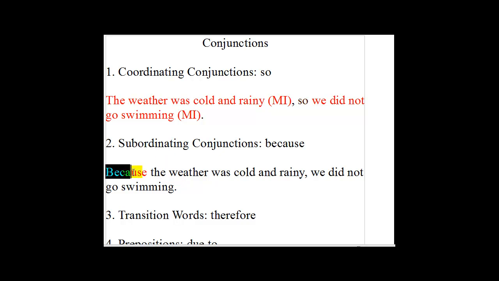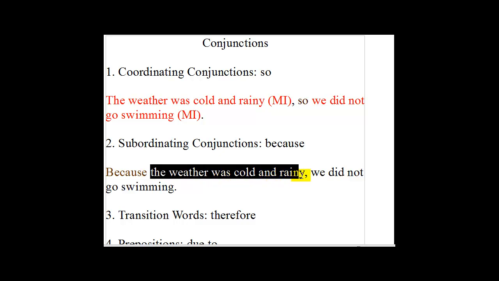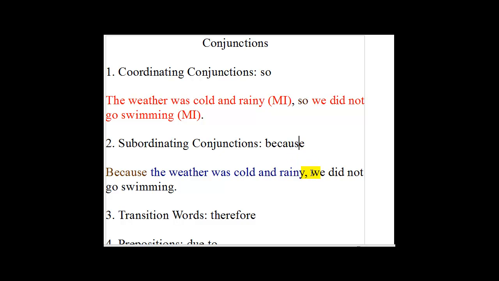Actually, let's make this brown so it's consistent with what we did before. So we have the weather was cold and rainy. This is maybe what we call a support idea. And then the main part of the sentence here is we did not go swimming. Let's make that red. That's the main idea.